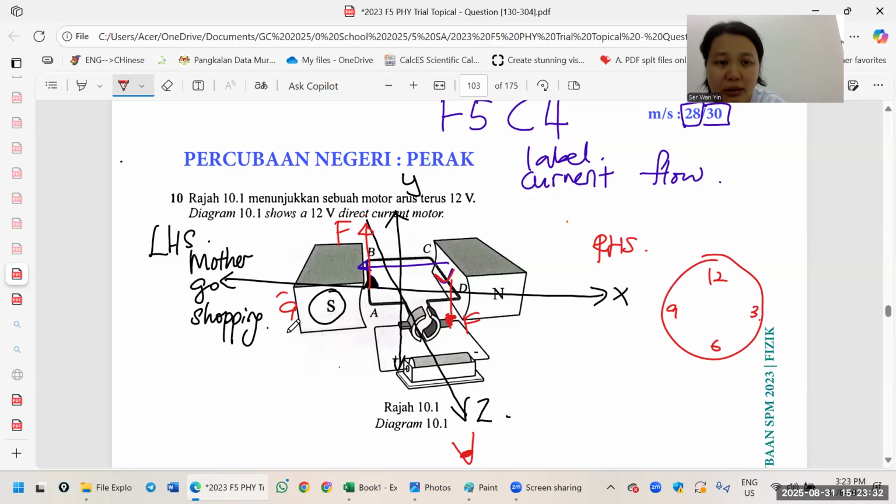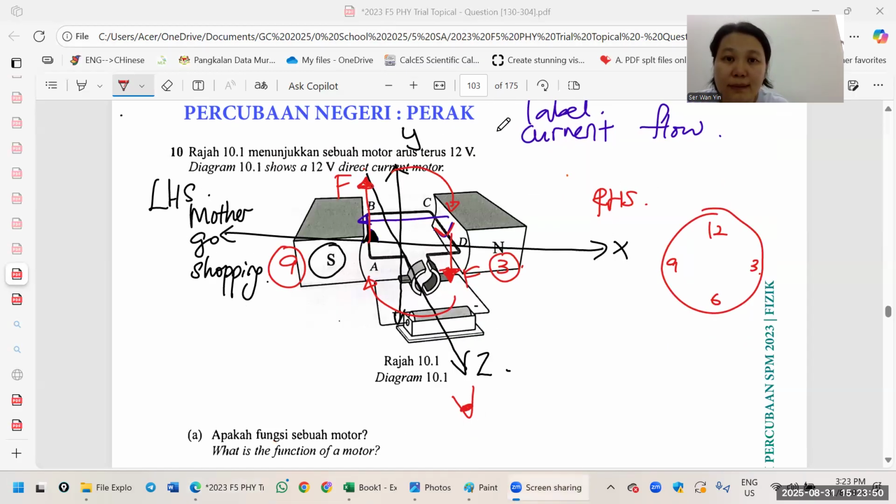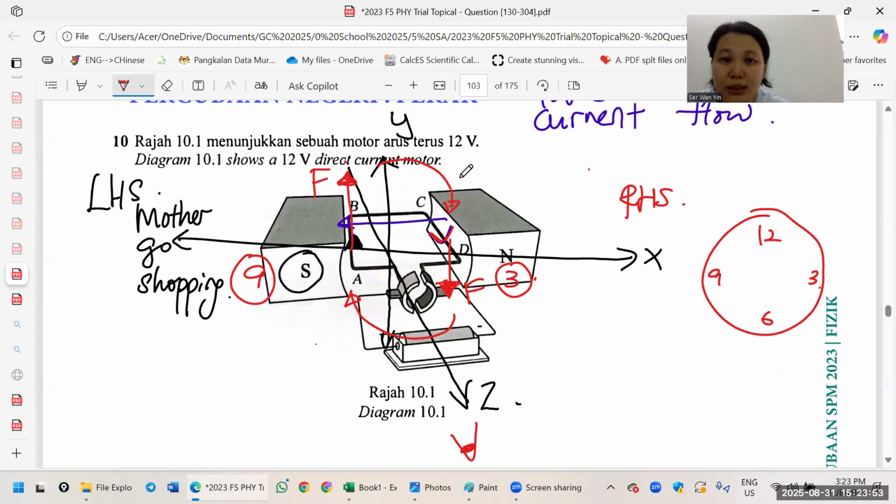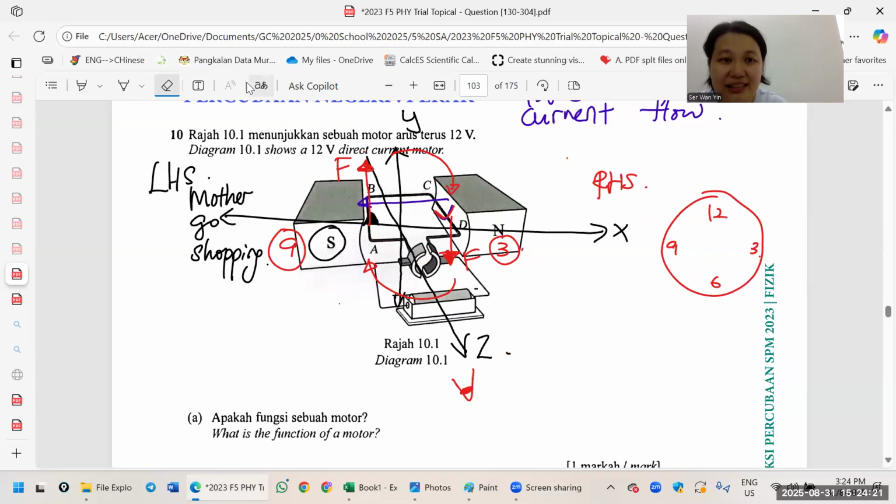So left hand side is 9 o'clock, right hand side is 3 o'clock. 3 o'clock going down, 9 o'clock going up means it will go in a clockwise direction. If you understand, very good.